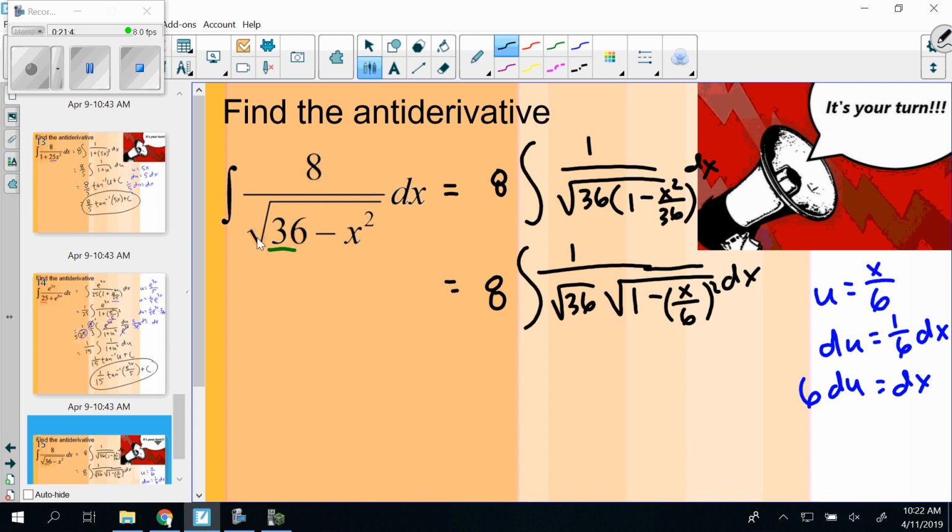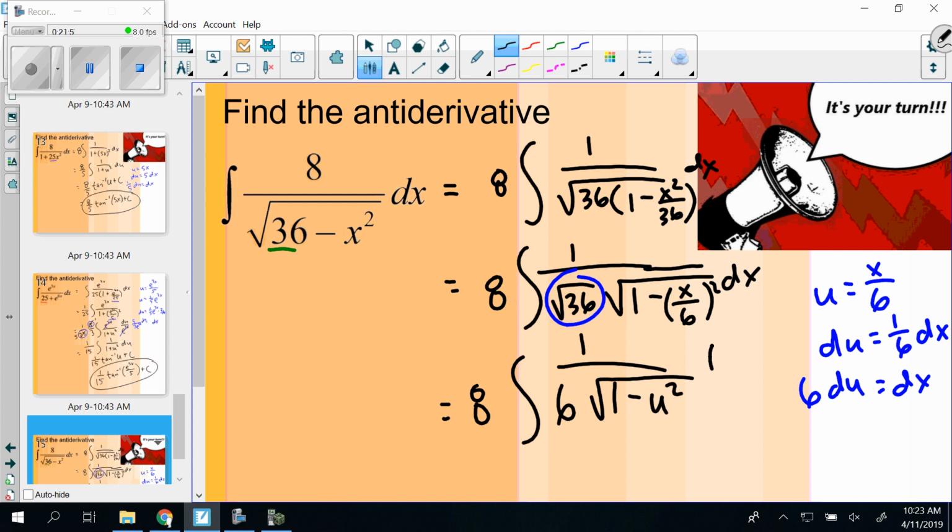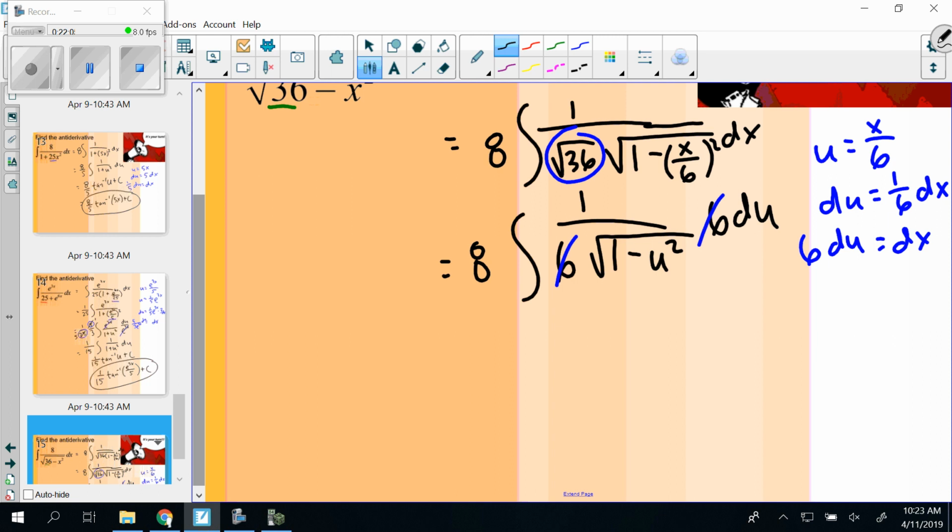All right, so let's see what we got left now. Got that 8 out there. This we know is the same as 6. We got square root of 1 minus u squared. In for dx, we got a 6 du. So it looks like these 6's cancel. So now we have 1 over square root of 1 minus u squared du.